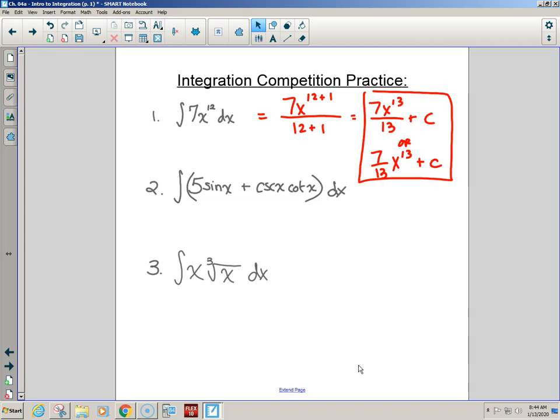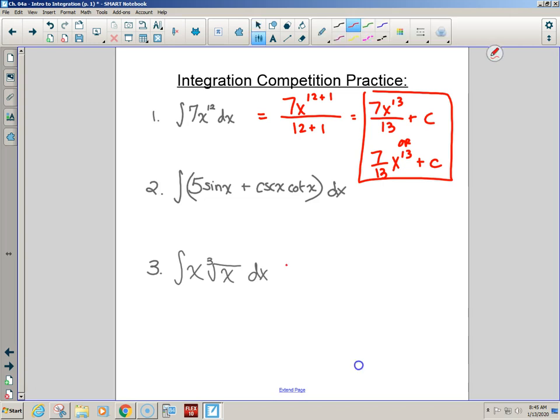Number 2. Because we're asking ourselves who's doing it. Who's cosecant? Cosecant. So number 3. So then you combine them all.